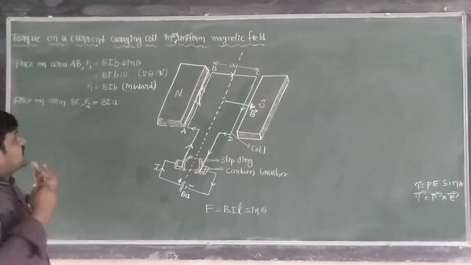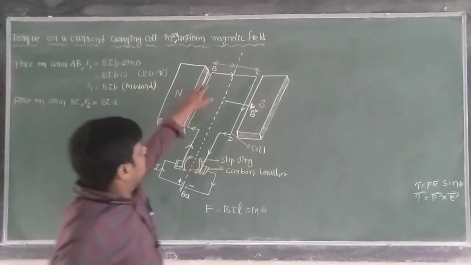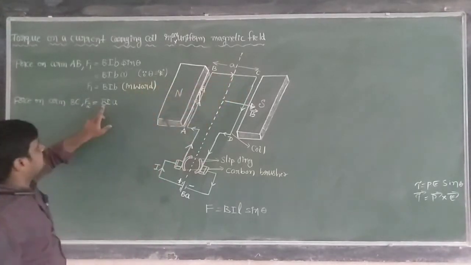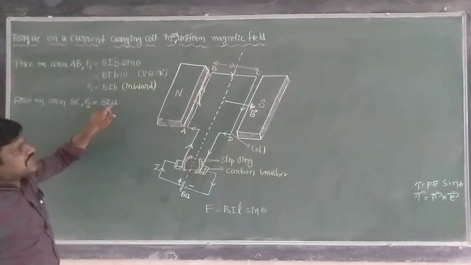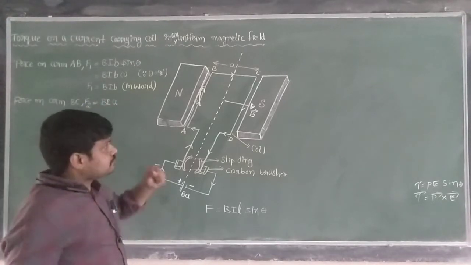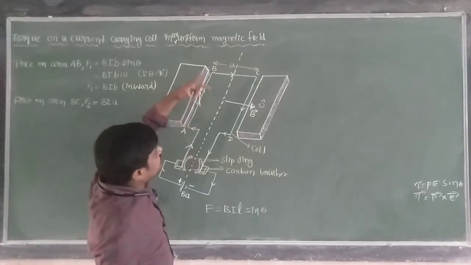What is the direction of this current carrying conductor? That means what is the force experienced by BC? The force experienced by BC is nothing but BIa, of course. Then, what is the direction of force? Here we are unable to place this one. Why?